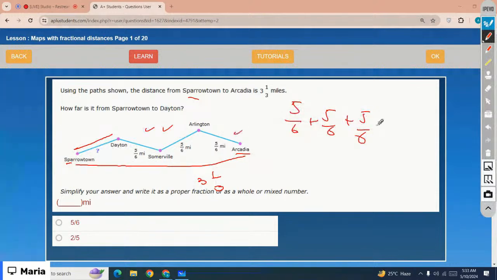That would be 15 over 6, right? So 15 over 6, divide by 3, the greatest common factor, that would be 5 over 3. And when you divide 5 over 3, 3 times 1 is 3, that is 1 whole 2 over 3. So now you can subtract 1 whole 2 over 3 from 3 whole 1 by 3, right?